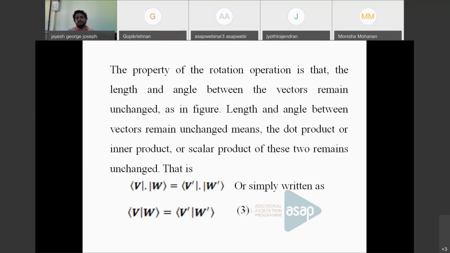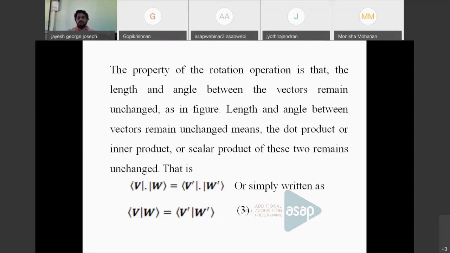Generally it is complex, but here we are discussing our ordinary three-dimensional space, so it is a real quantity.